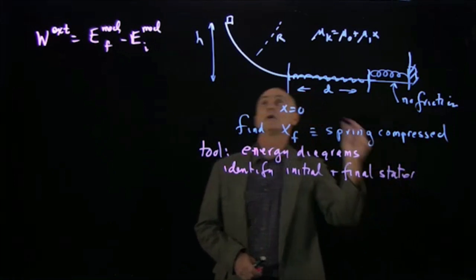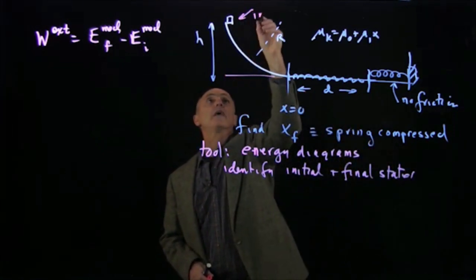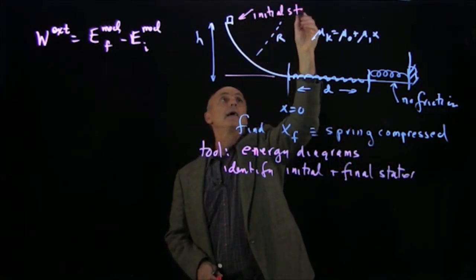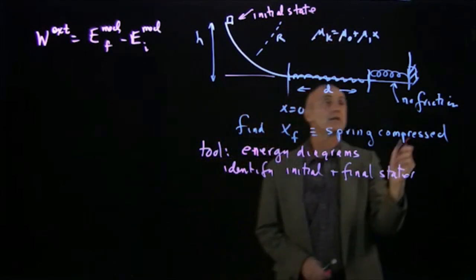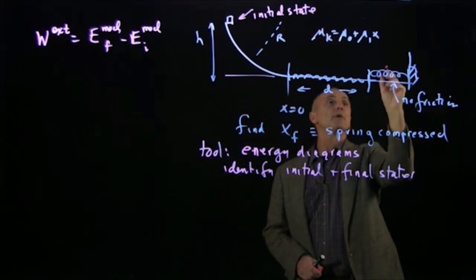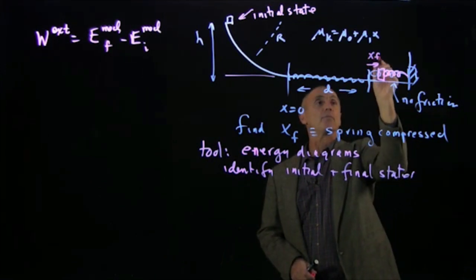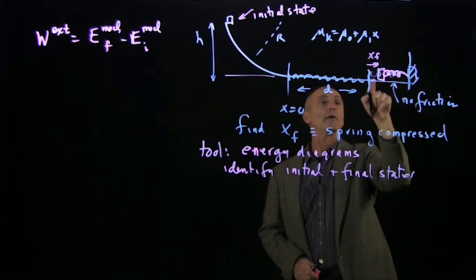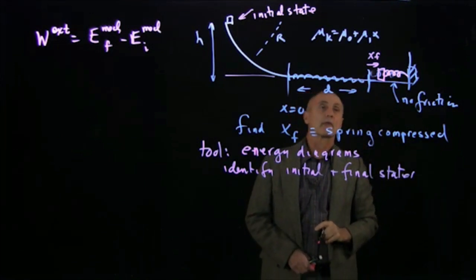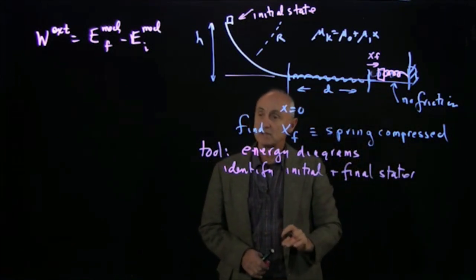So in our picture, here's our initial state. And I'll draw the final state in when the spring has been compressed a distance x final. So I drew it on my diagram. So we have initial and final states.